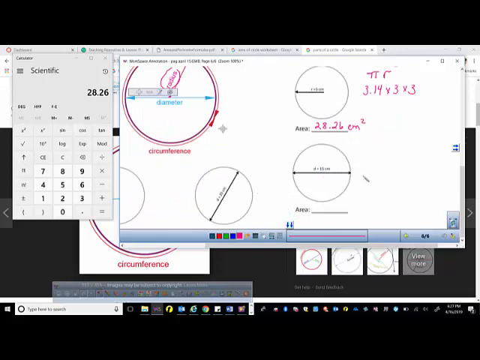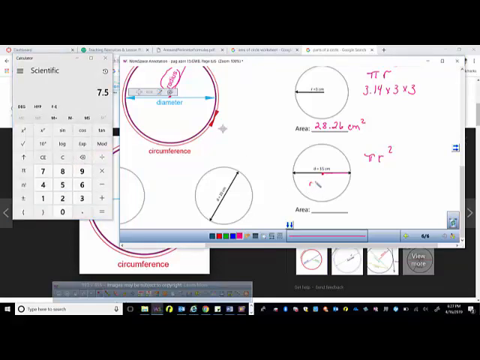Okay, so now we're going to look at this one down here. This one has the diameter. So in order to do this one, because our formula is pi r squared, we need the radius. This is the diameter, so we need to figure out what is half of this. We only want half. So we want to figure out 15 divided by 2 is 7.5.